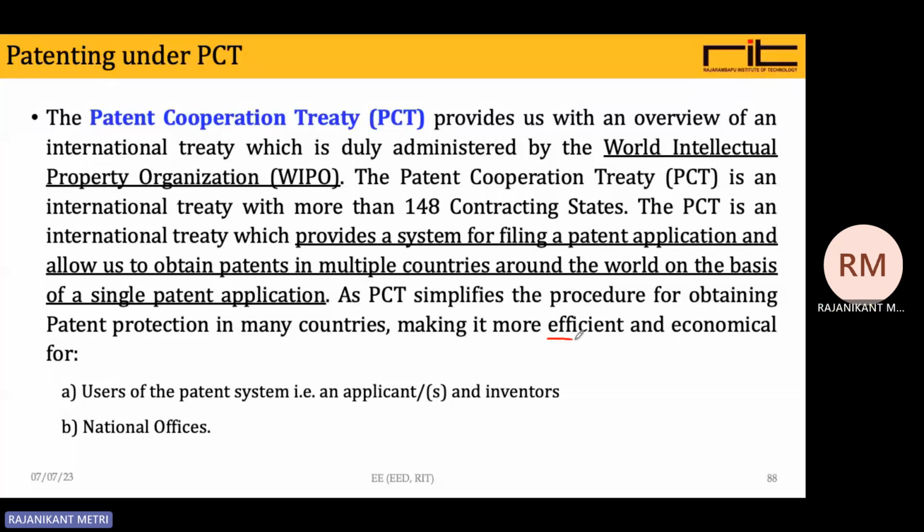So you will not have to bear application and other fees in every country. You only need to pay the cost once through a single patent application. It is useful for users of the patent system, that is applicants and inventors, and national offices also, and therefore it is efficient and economical.